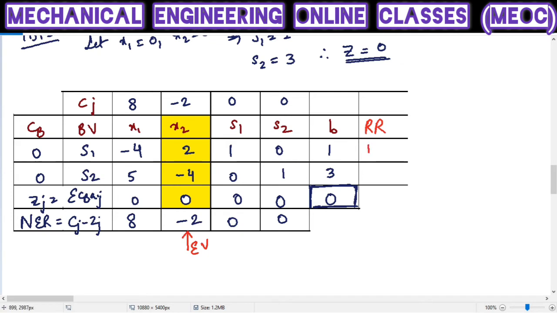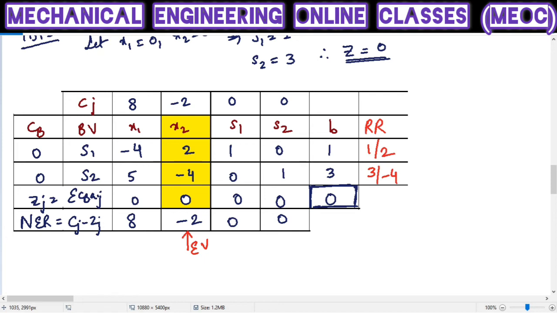So it is 1 divided by 2 here. This is 1 by 2. Then for S2 it is b divided by minus 4, that is 3 by minus 4. Whether it is a min type or max type of problem, finding the leaving variable has the same criteria, unlike finding the entering variable.